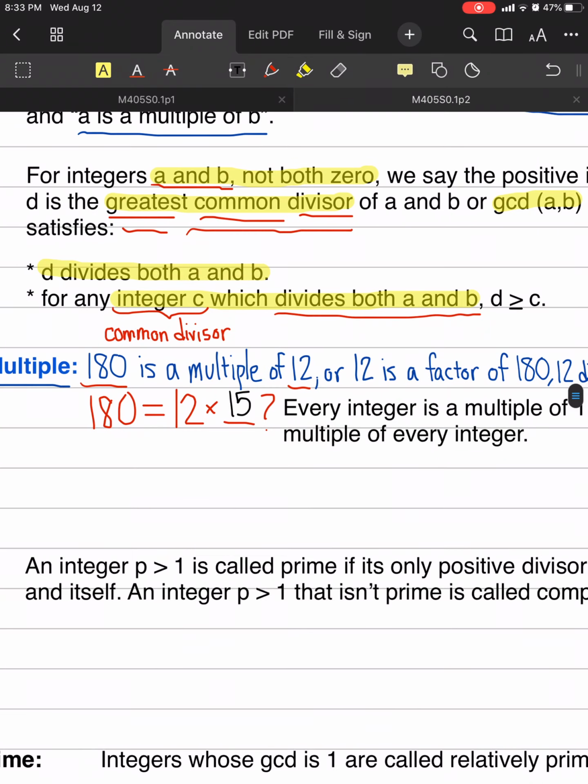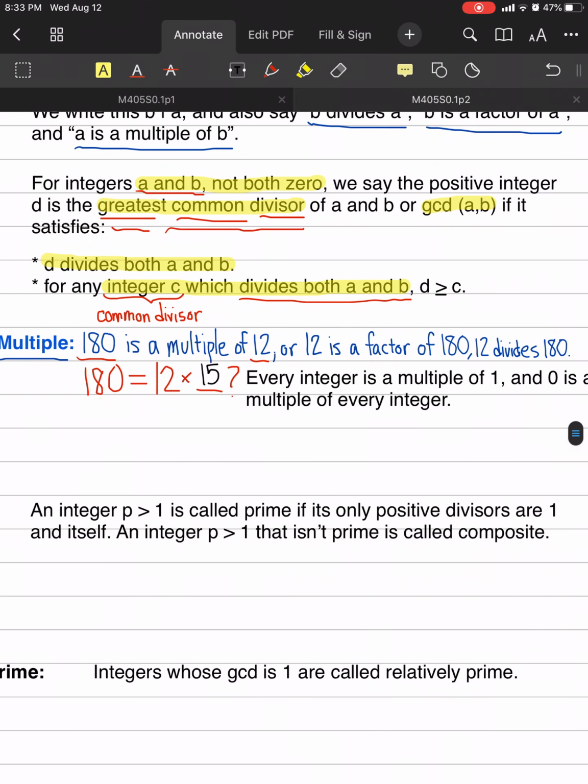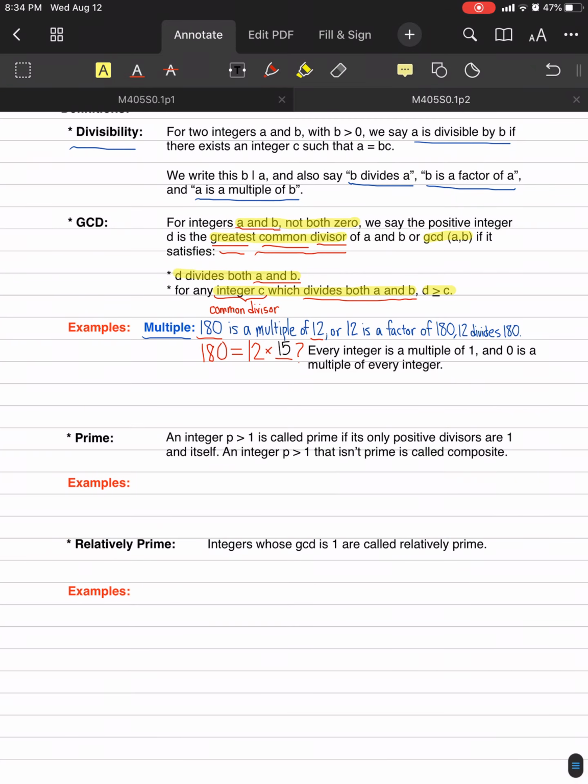We already know that this integer D that we were interested in the first place has to be a common divisor, so it has to divide A and B. Here we're looking for a second one, also a common divisor, and in order for D to be the greatest, it has to be bigger than or equal to any other divisor. In other words, here I've picked some other divisor. D has to be bigger than that. That's what it means to be a greatest common divisor.